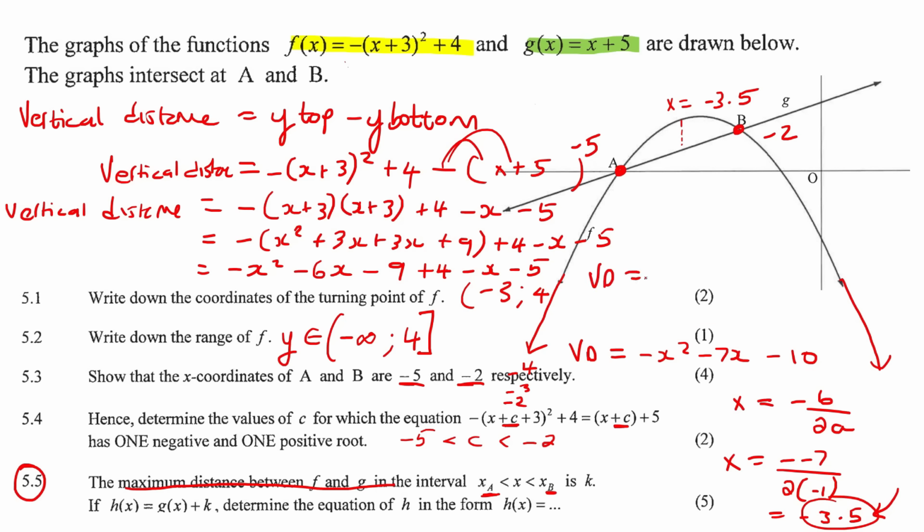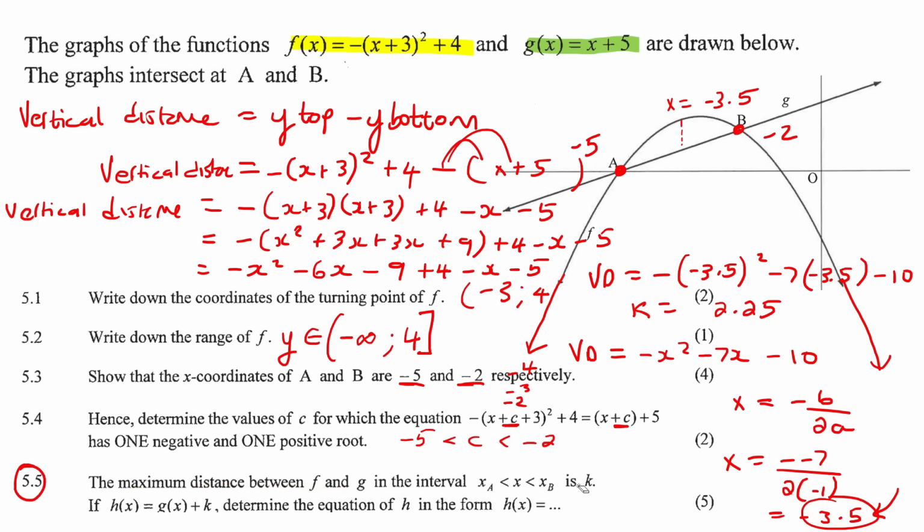So to go work out the vertical distance now, we're going to go plug in negative 3.5. It's negative 3.5. Take away 7, and then the x value is negative 3.5, take away 10. Okay, go type it in on your calculator just like that. You should get 2.25 as your answer. So that is what k is. K is going to be 2.25.